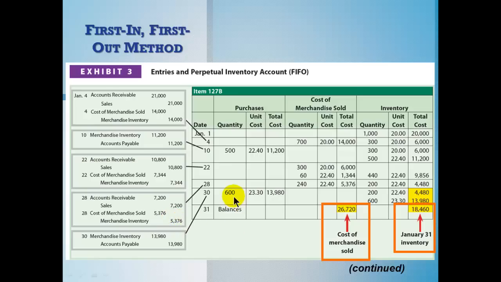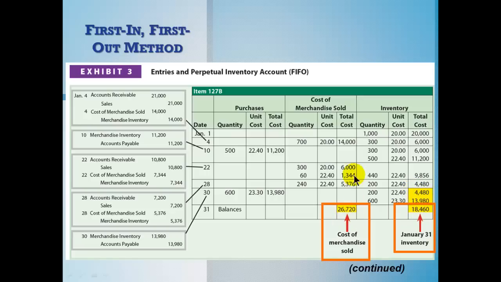And now what I do on the 30th is I create another layer by making a purchase at $23.30. And so there you see that layer coming in and valued at $13,980. So my ending inventory balance is the sum of these two numbers, which is $18,460.